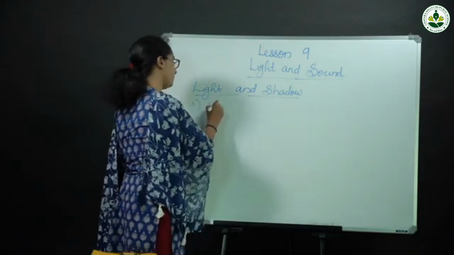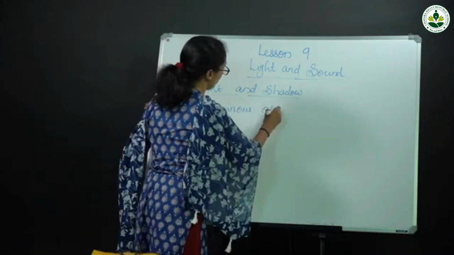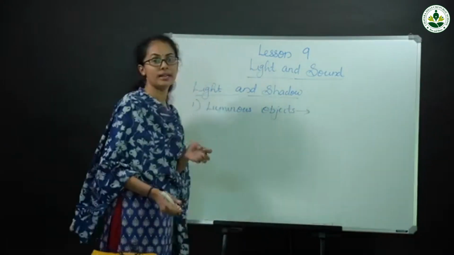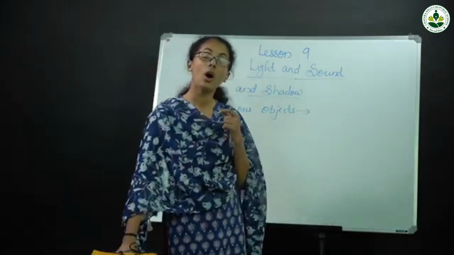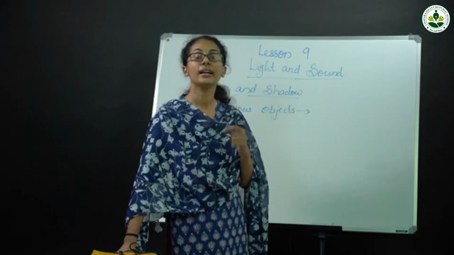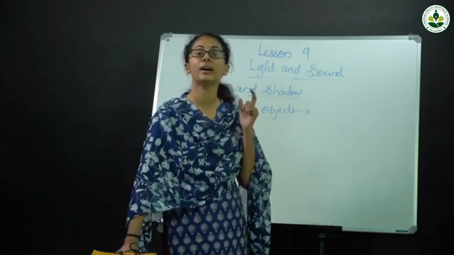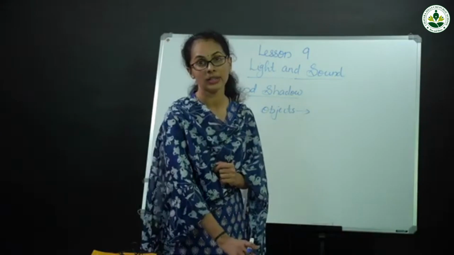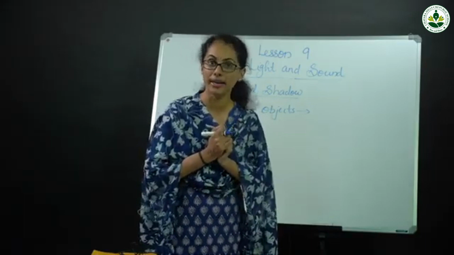First one is luminous objects. What are luminous objects? The objects that give us light are known as luminous objects.